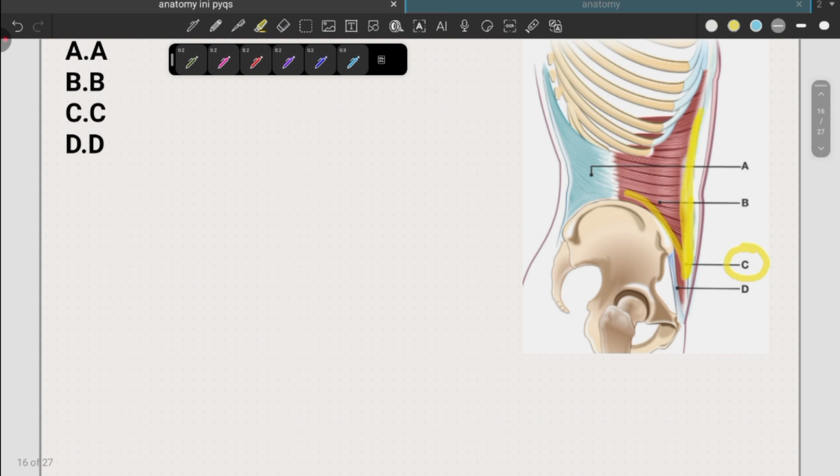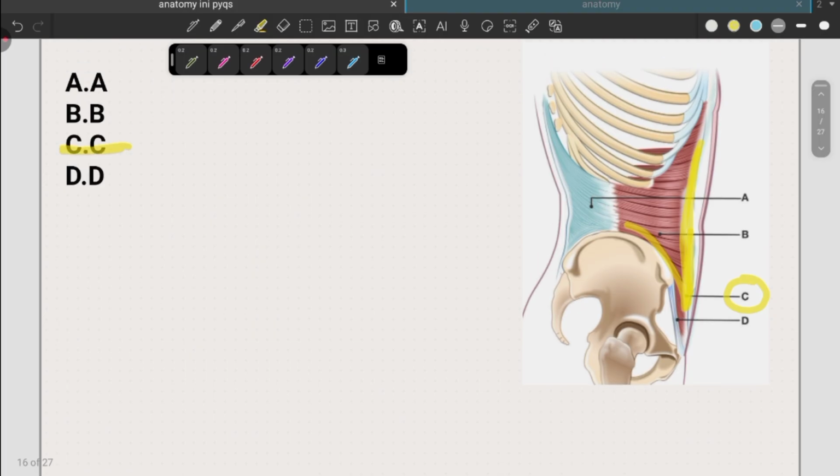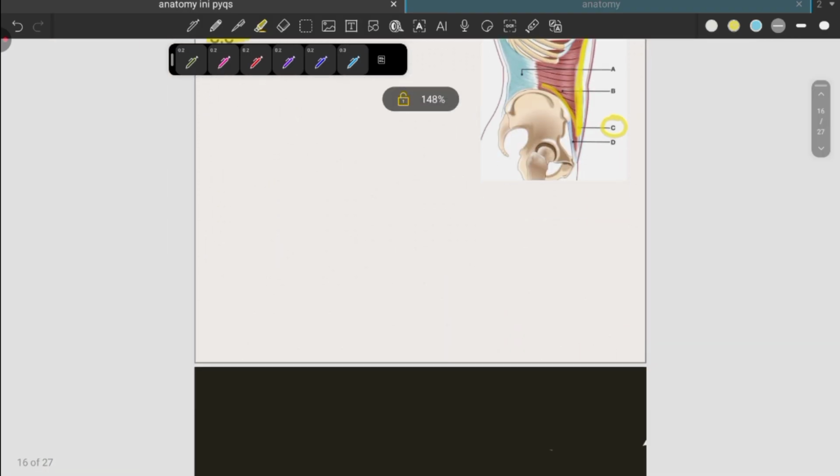That is option C. So C is the conjoint tendon. This conjoint tendon is formed by the lower fibers of the internal oblique and the lower part of the transverse abdominis muscle. These two together form the conjoint tendon. Okay, thank you.